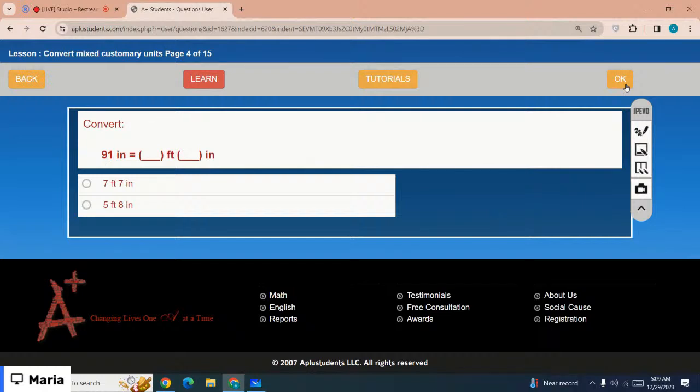So 12 times 7 is 84, that is 7 feet 7 inches. The correct option is 7 feet 7 inches.